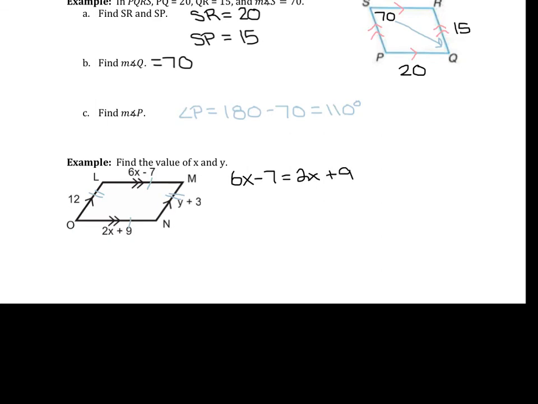To solve, I would subtract 2X from both sides. 4X minus 7 equals 9. Then add 7 to both sides. 4X equals 16. Then divide by 4, and I get X is 4.